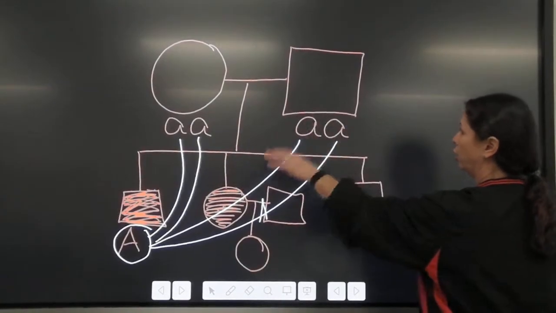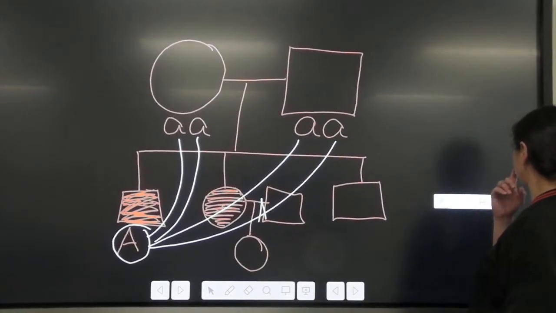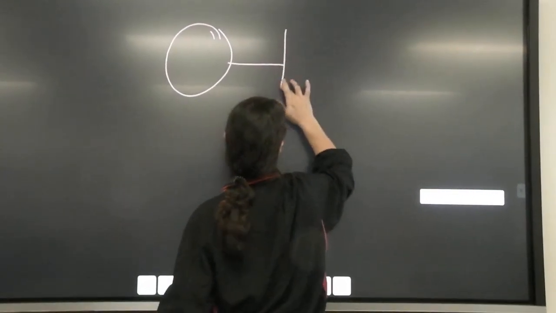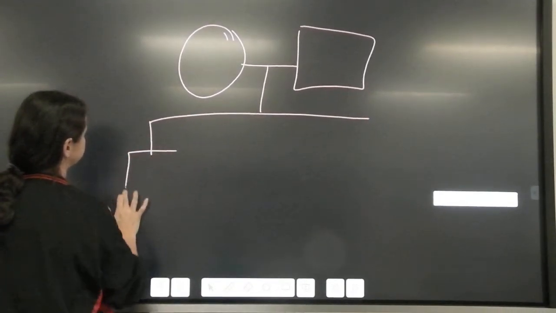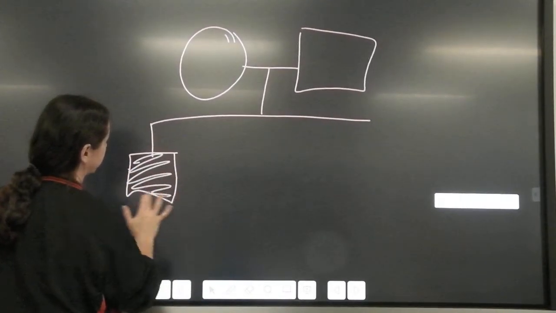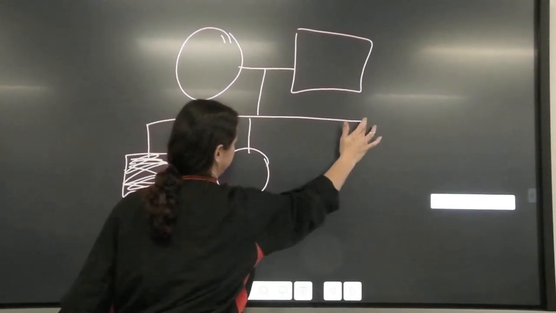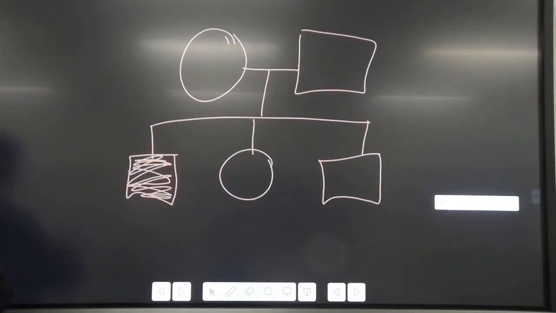So we know, based on this, that the light colors must have been dominant, because can a dominant parent have a recessive baby?